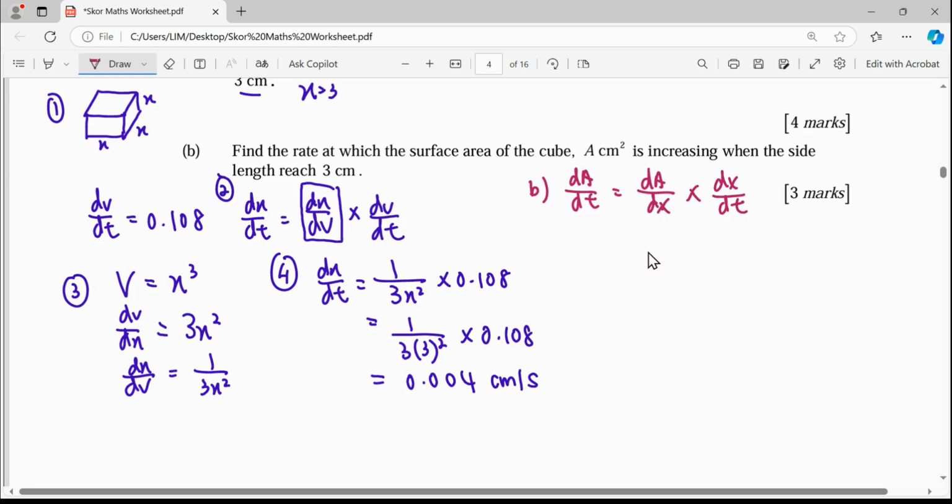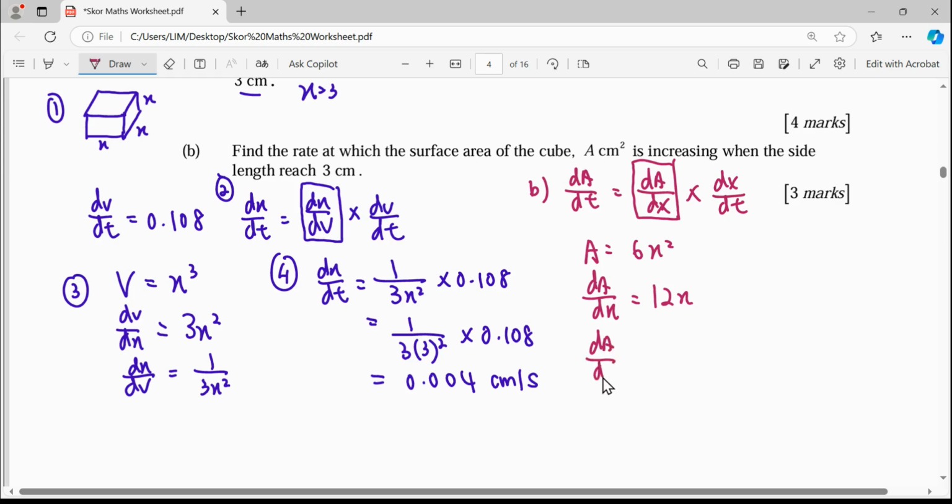So what we need here is the area formula in terms of x. So the area for a cube will be 6 times x squared, because one surface area is x squared and then a cube has 6 of the surface area. So it will become 6x squared. And then when we differentiate A with respect to x, it will be 12x.